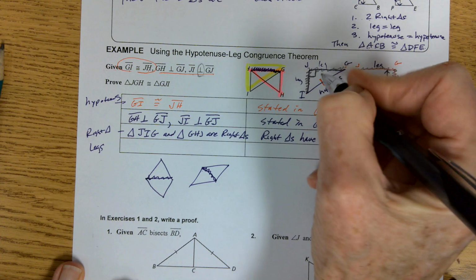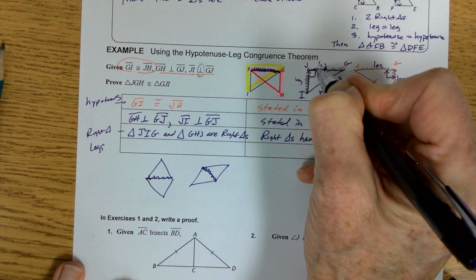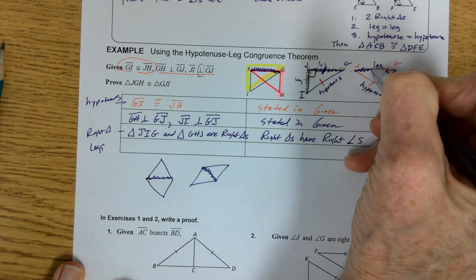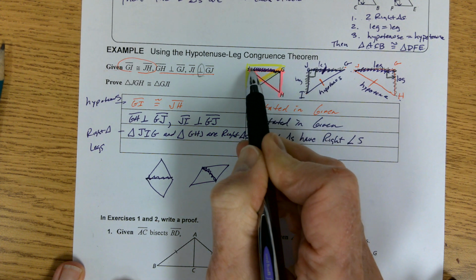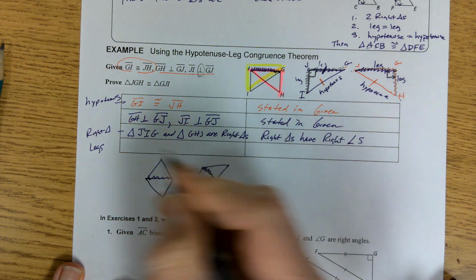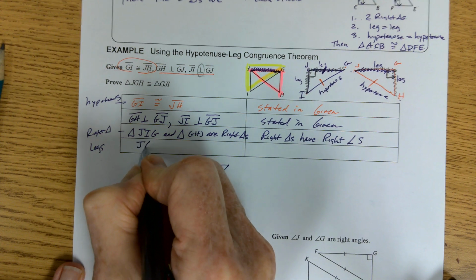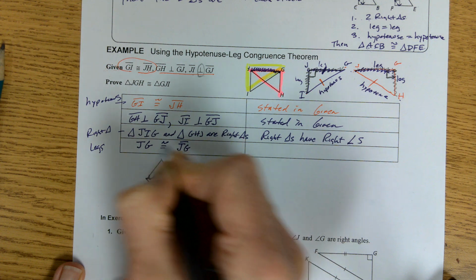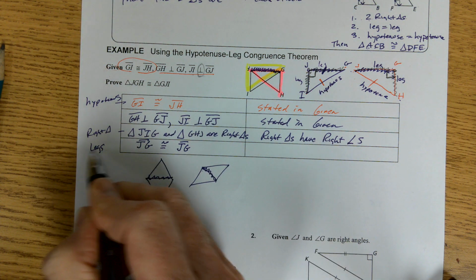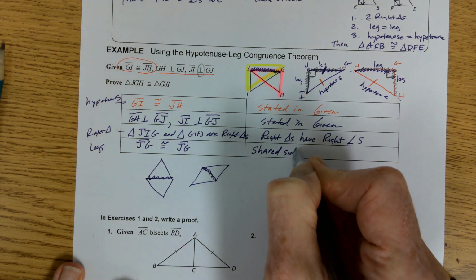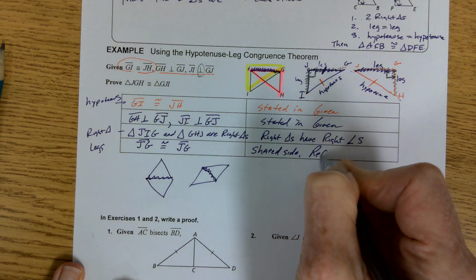From J to G is right here, right? And it's also right here. That's a shared side. It's in both the yellow triangle and the pink triangle. So side JG is congruent to side JG. Those segments are congruent. Those are my legs. I tell kids to look for a shared side, and that is called the reflexive property.